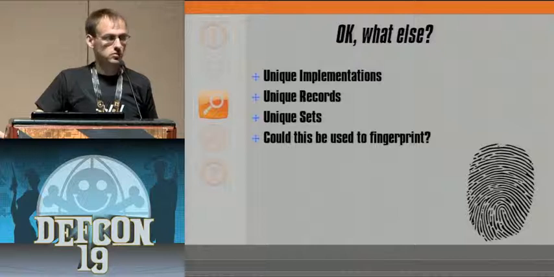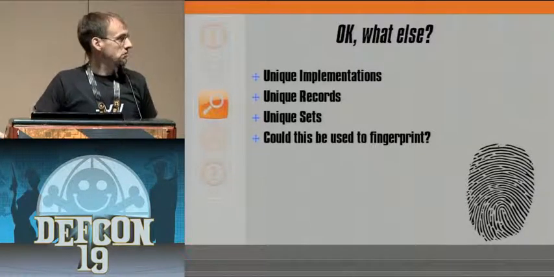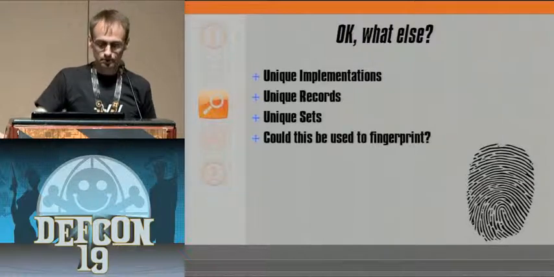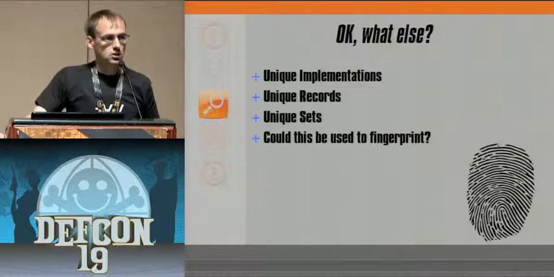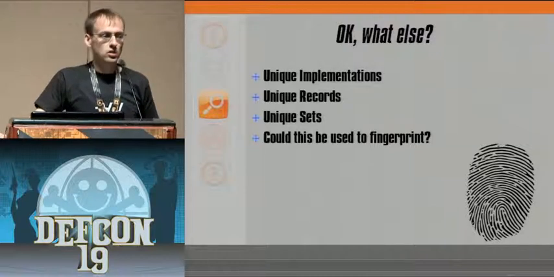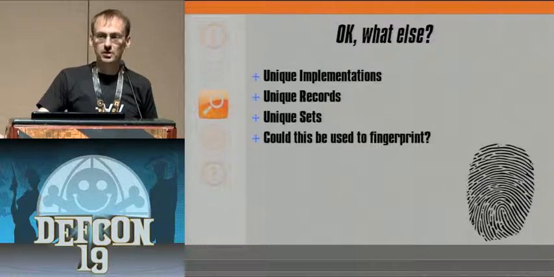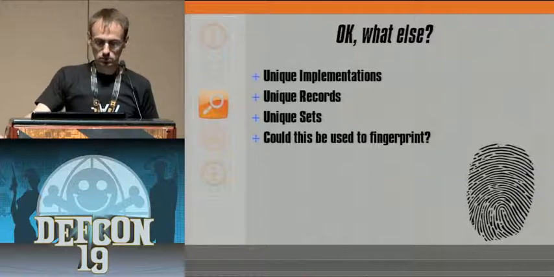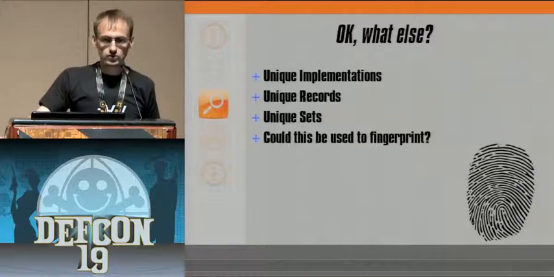Printers would have those printer records, dealing with printer services, 515, 631, and 9100. But if you look even further, you realize there are unique sets. So not only are you going to find a unique type of record on a device type, you are going to find a particular set that you will find only on a particular device type made by a particular manufacturer. So, could this be used to fingerprint the host?